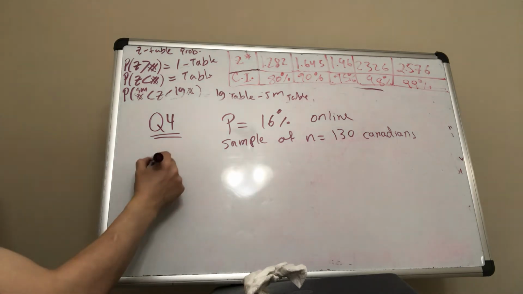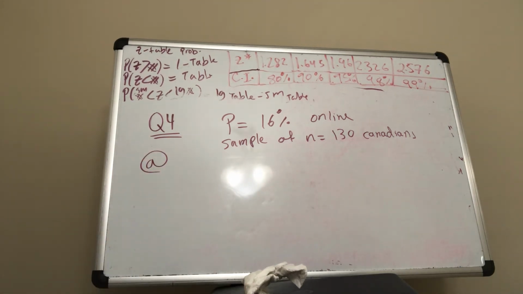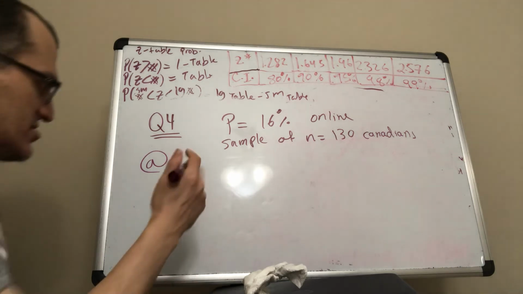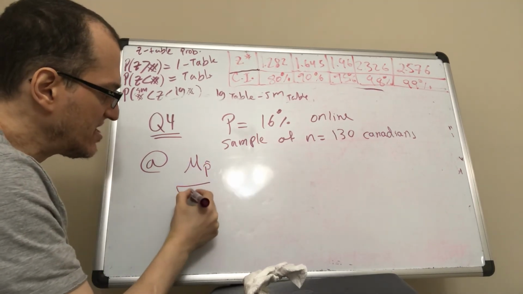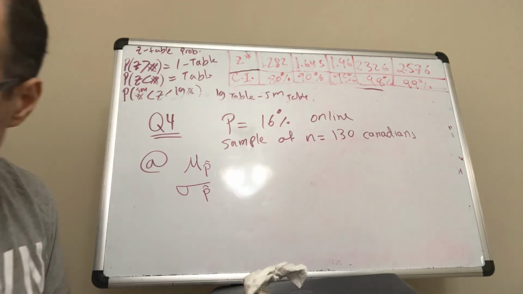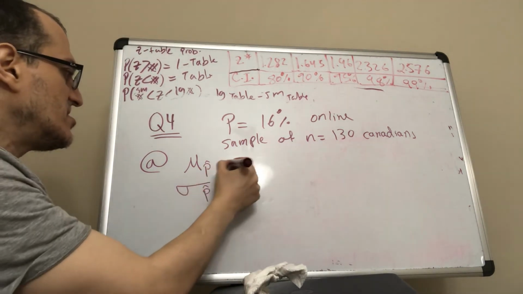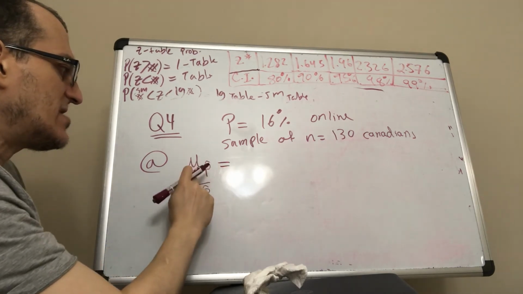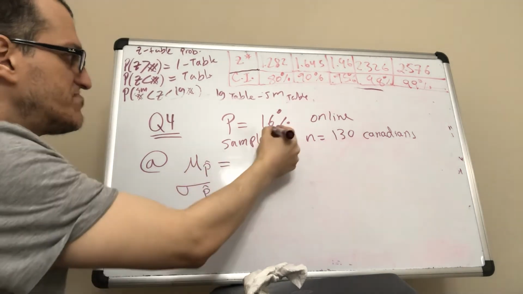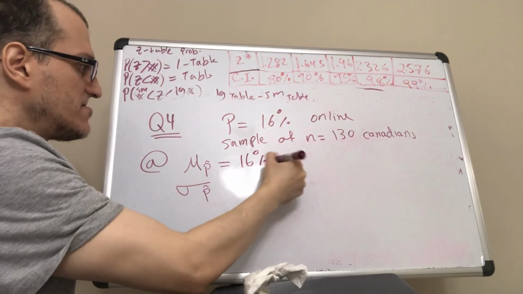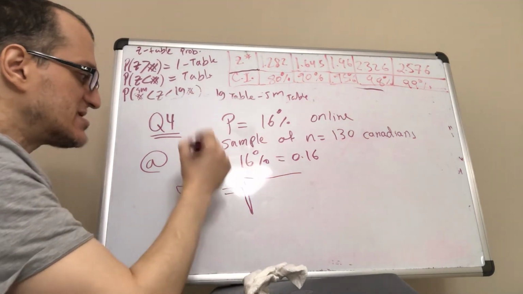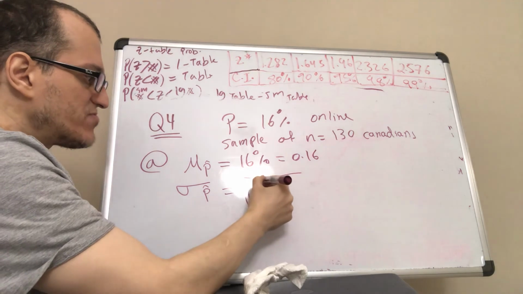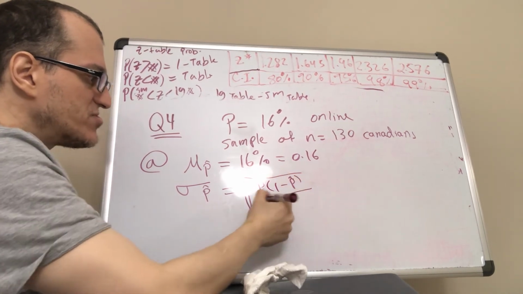Question 8. Find the mean and standard deviation for the sample proportion. So you need the mean for the sample proportion, p hat, and the standard deviation for the sample proportion, sigma p hat. Mu, or the average of the sample proportion, would be whatever the percentage given. But sigma for the sample proportion would be the square root of p hat times 1 minus p hat over n.